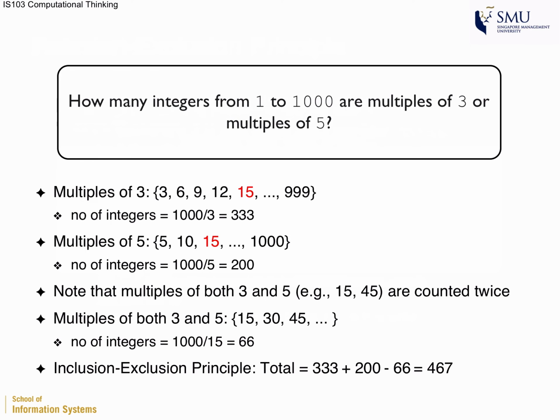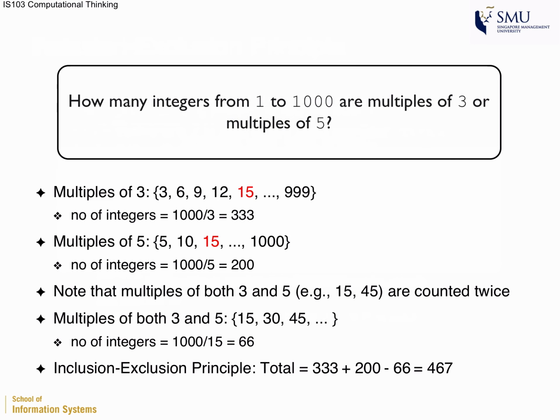Now, let's say we are looking at integers from 1 to 1000. And we are asking how many of them are multiples of 3 or multiples of 5. So we can first count the ones that are multiples of 3. Multiples of 3 are 3, 6, 9, 12, 15, and so on.